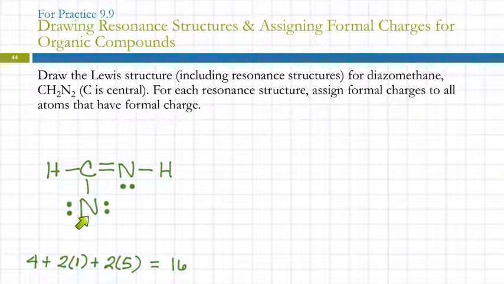And now this carbon and this nitrogen have 8. But what about this nitrogen? We can't do another double bond with carbon. So again, we must not have things connected correctly. So we can take this hydrogen and put it on the nitrogen.